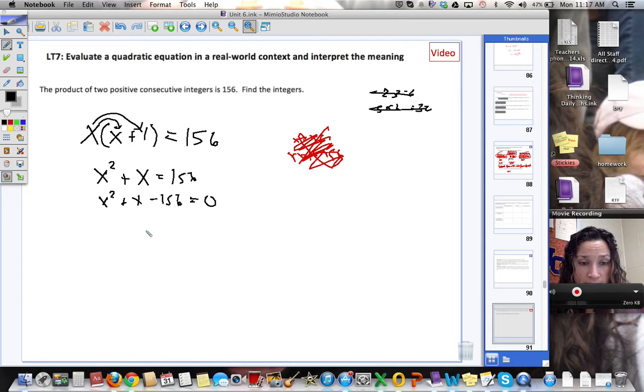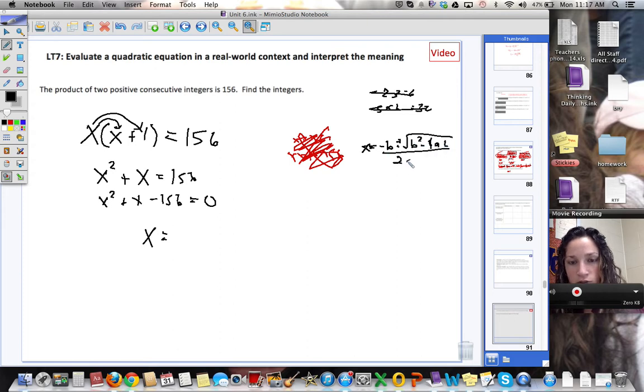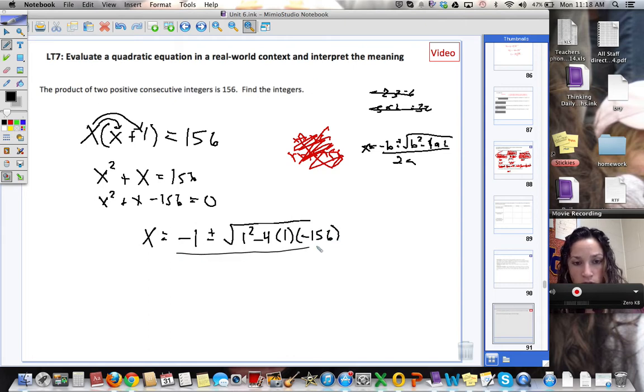So I'm going to say x equals negative b plus or minus the square root of b squared minus 4ac, all over 2a. So I have negative b, and b is 1, so negative 1 plus or minus the square root of 1 squared minus 4 times 1 times negative 156, all over 2 times 1.